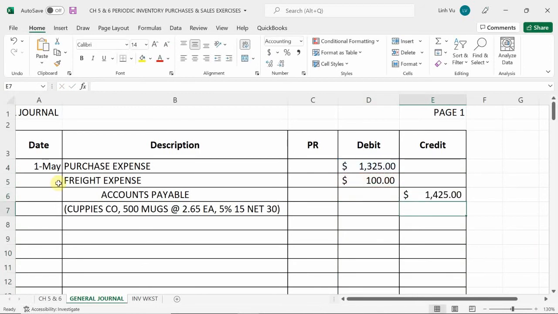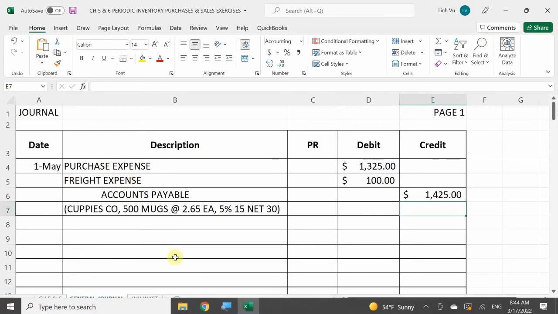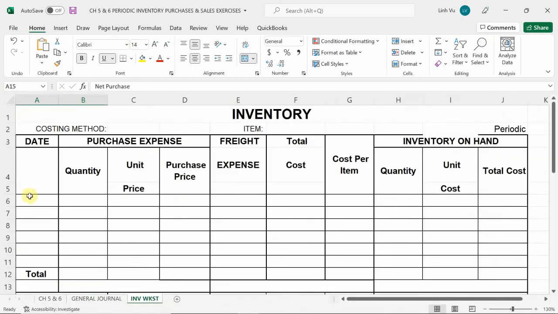Good. So now that we completed our journal, let's plug it into our inventory worksheet. May 1st, purchase 500 units at $2.65 each with a freight of 100.